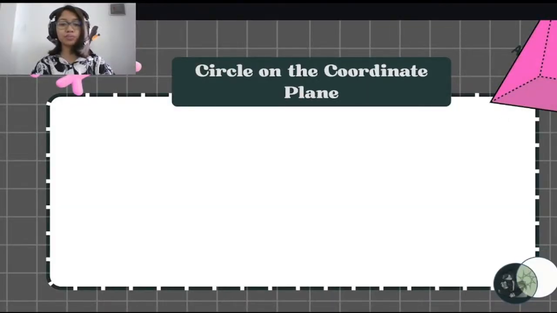Before we use Desmos to model speaker coverage, we must understand what a circle means in coordinate geometry. A circle is not just a drawing. It is a set of points that are all the same distance from a center. Circle on the coordinate plane.